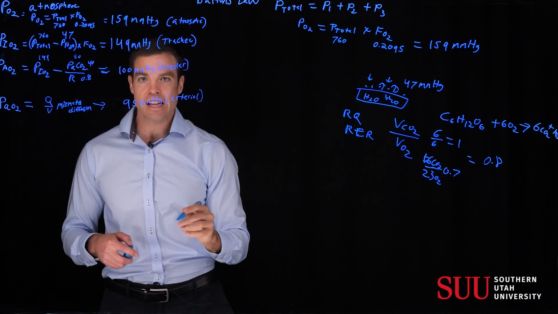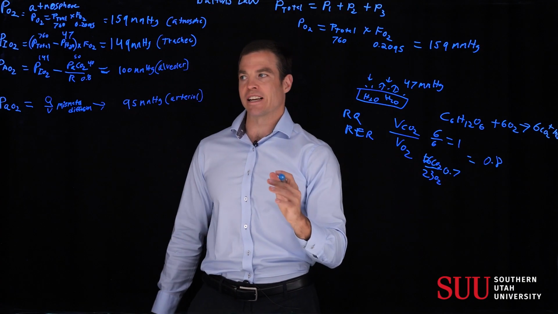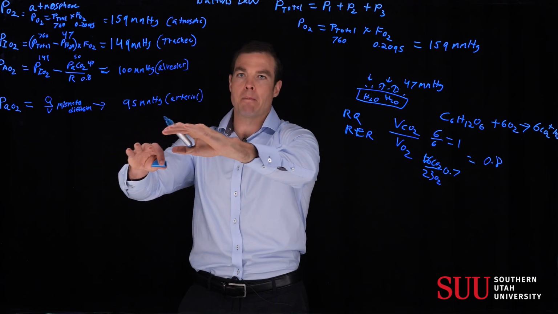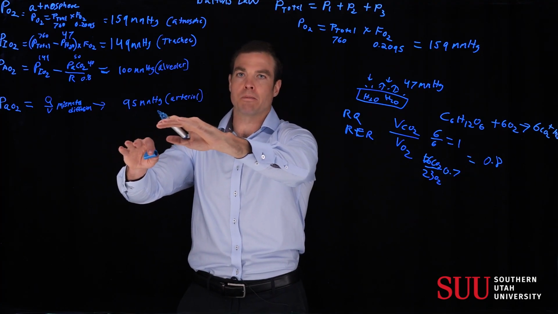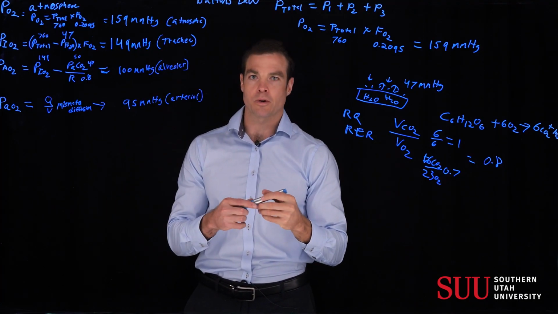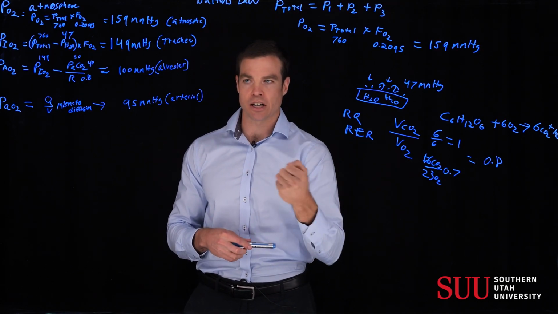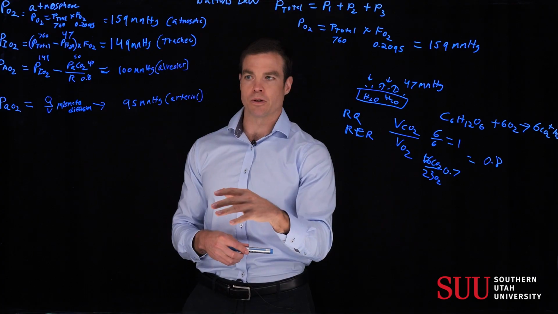All right. And now finally, we're in the arterial blood. So finally, we can put this oxygen-rich blood through the circulatory system and allow our mitochondria to start extracting that oxygen as the blood goes through.